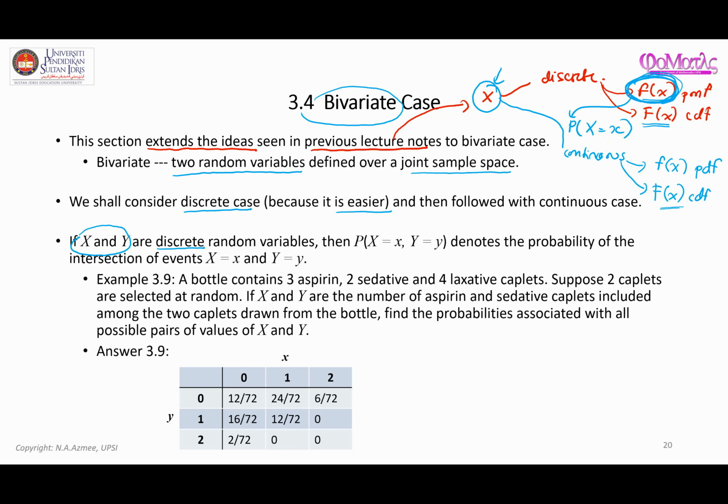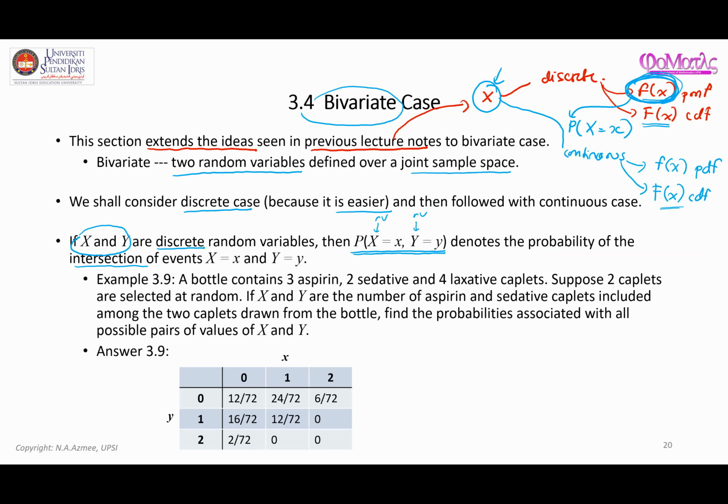In the case of bivariate, we are going to have this notation: the probability that random variable x takes the value x, and the other random variable takes a certain value y. In other words, we are finding the probability of the intersection of events, so x and y happening together.